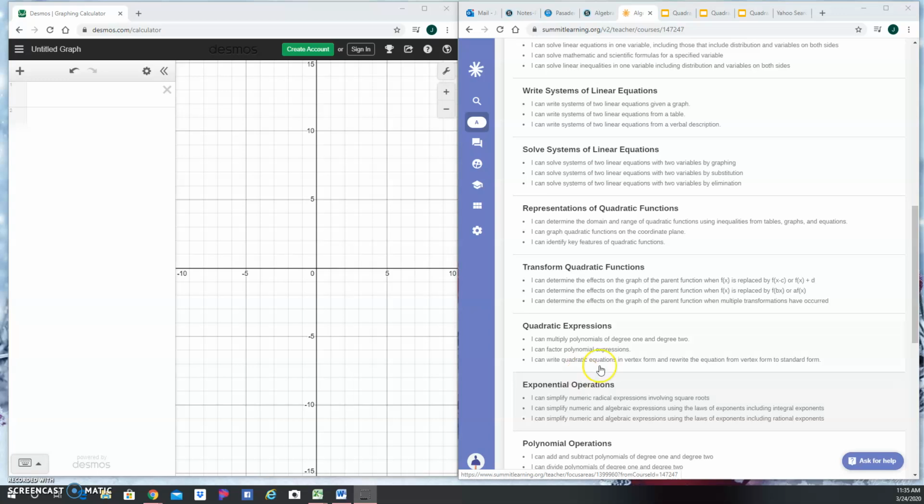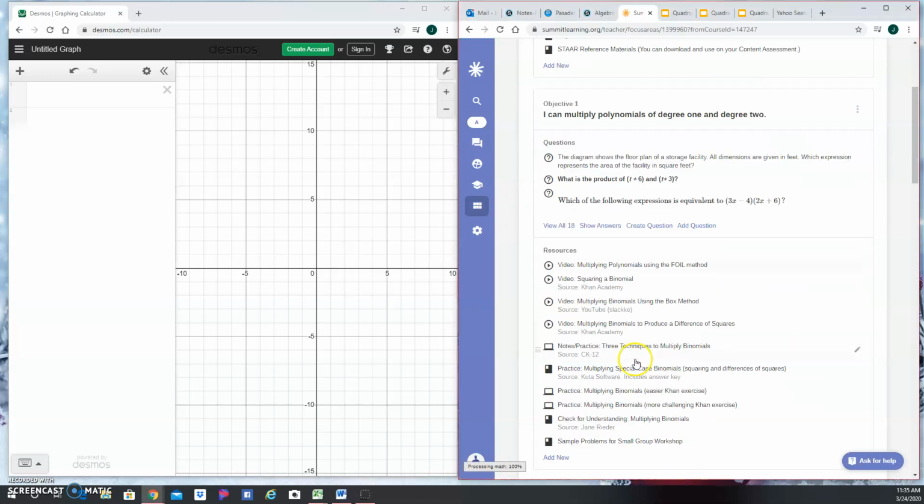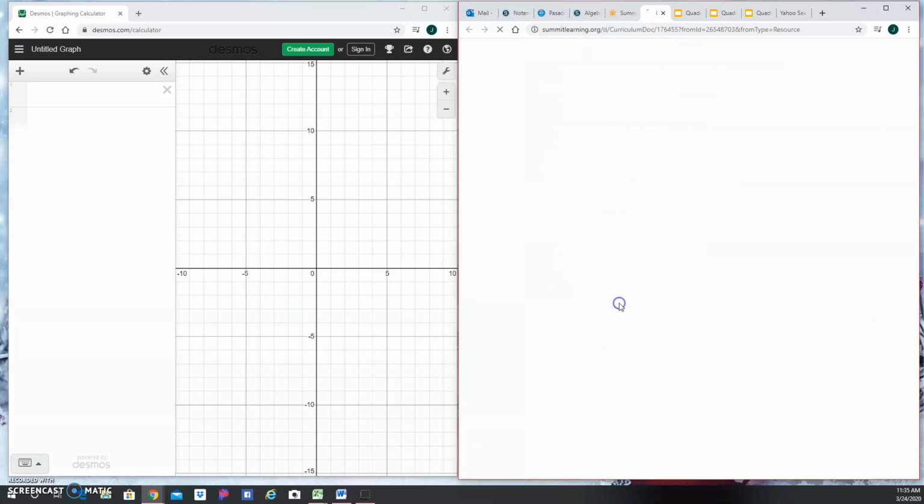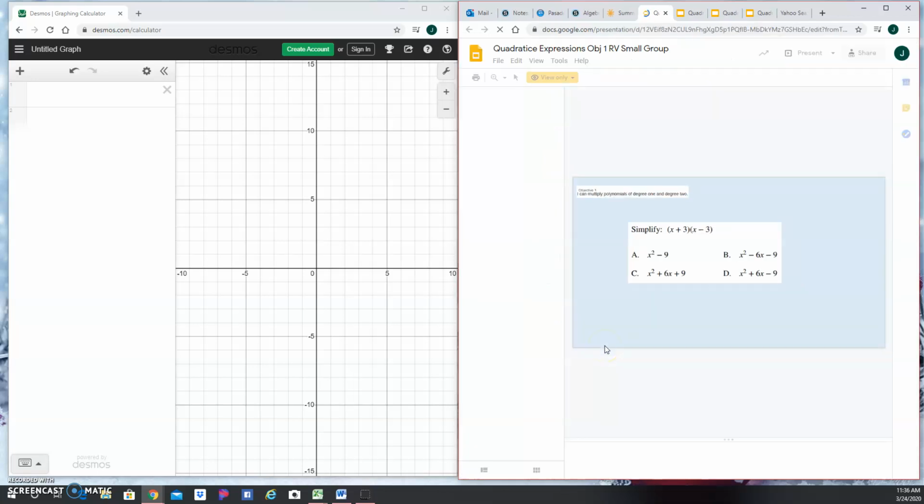Okay, let's do a couple of examples just to show you how you can use technology in order to be able to successfully take this test. So under quadratic expression, let us open some sample problems for small group workshop.